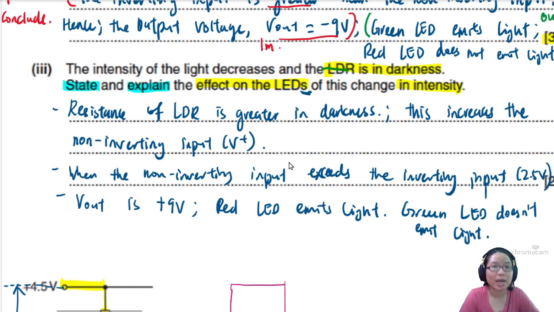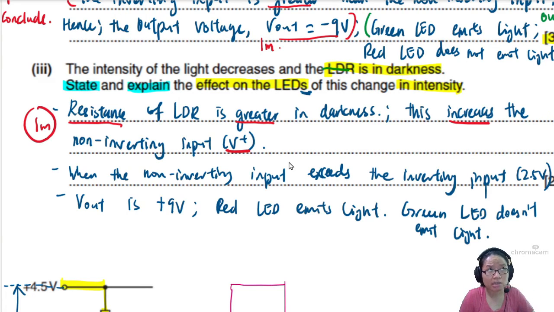Okay, where is the mark? Resistance greater, increase V plus, 1 mark. So you explain the effect of LDR in darkness on the input of the op-amp. Number 2, talk about the outcome. The output will be 9 volt, and then the red will emit and the green will not emit light.